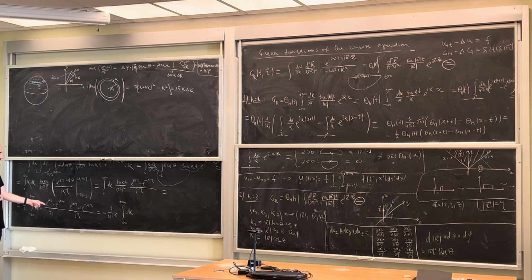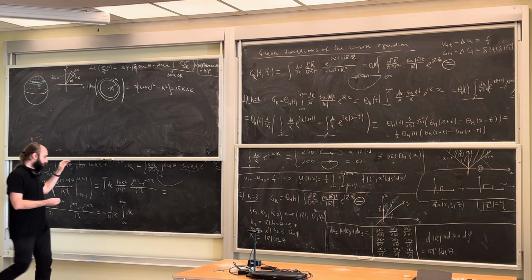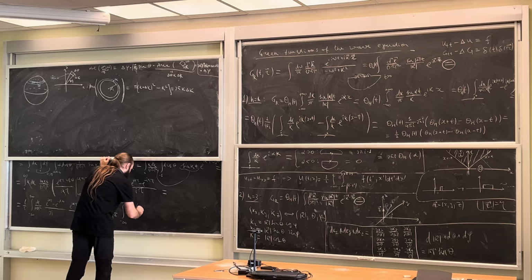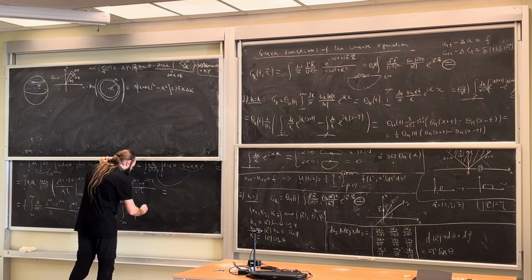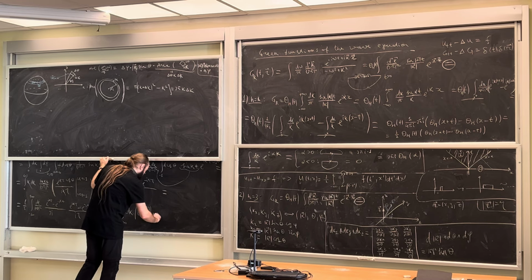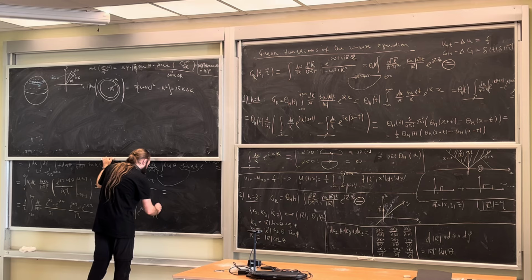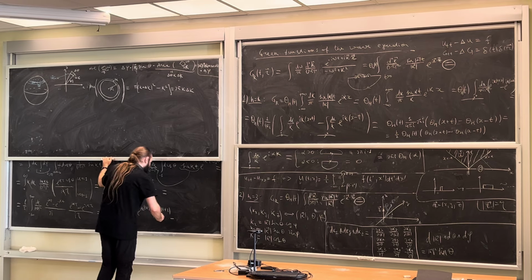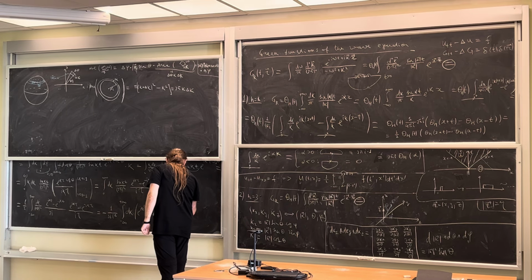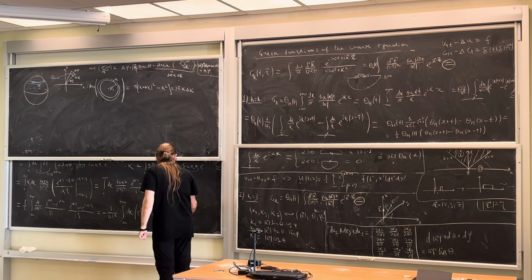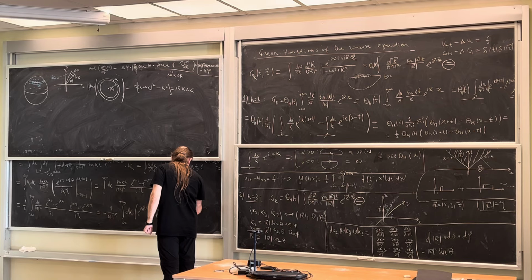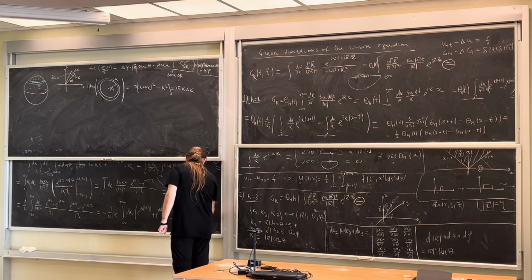And if you open all these brackets, we will have 4 terms: e to the i k (t plus r), plus e to the minus i k (t plus r), minus e to the i k (t minus r), minus e to the i k (r minus t).